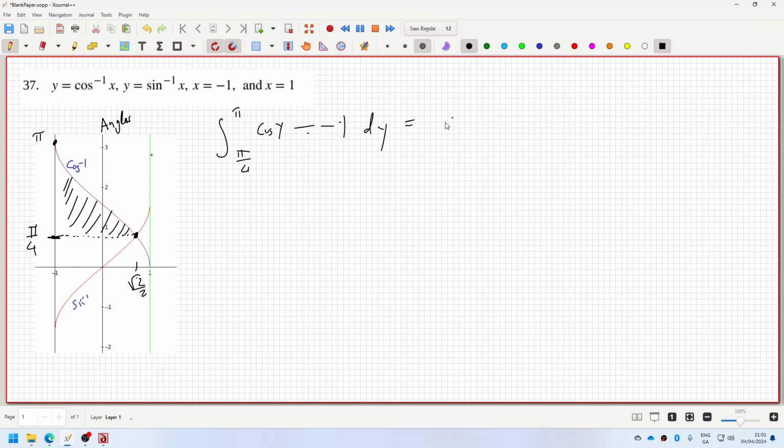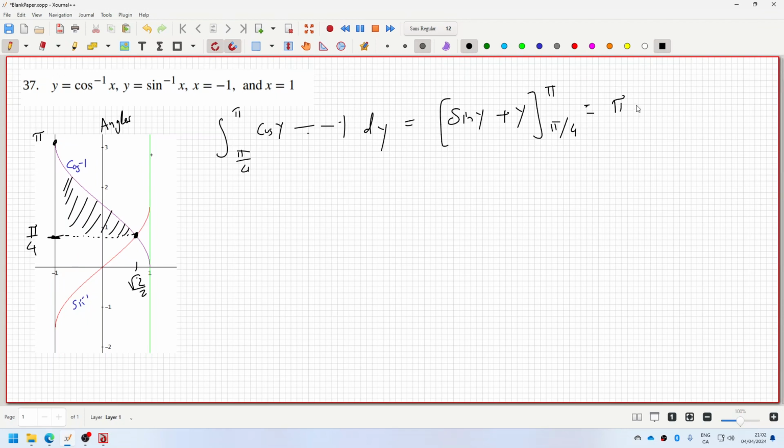Okay, so that would be sine y plus y, pi and pi over 4. Sine pi is 0, and that's pi, and then minus sine pi over 4.